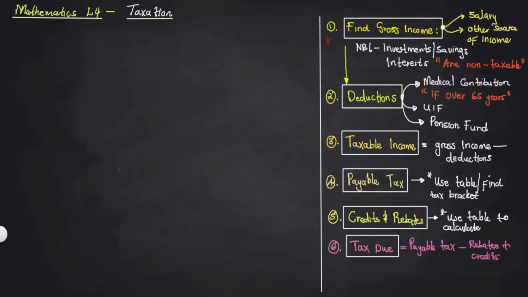So I think it's a good idea to memorize these steps now, so that you know the steps, like the framework, in getting to calculate tax due. I promise you, in every question you're going to follow all these steps. I'm sure of this. You're going to follow all of these steps whenever you want to calculate tax.